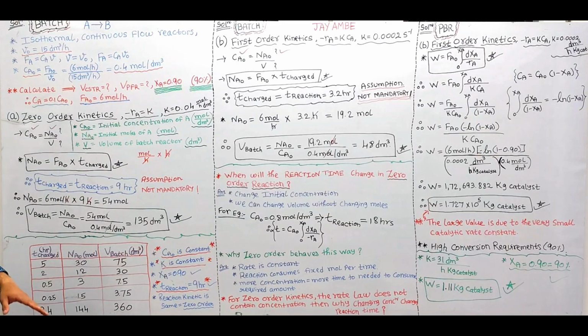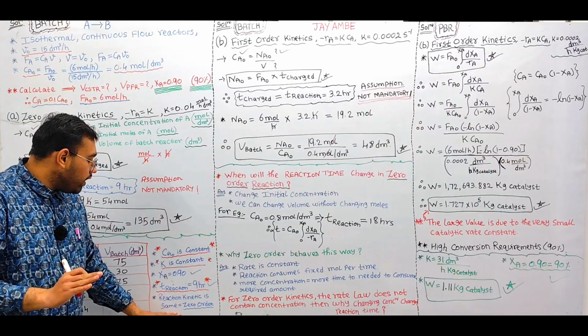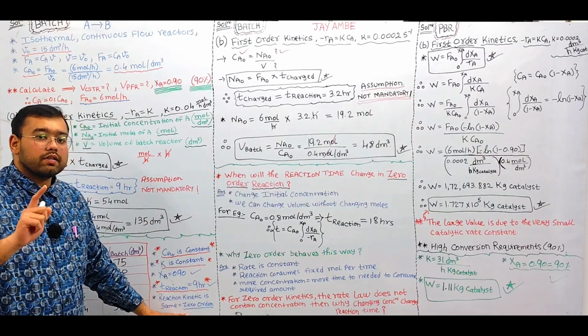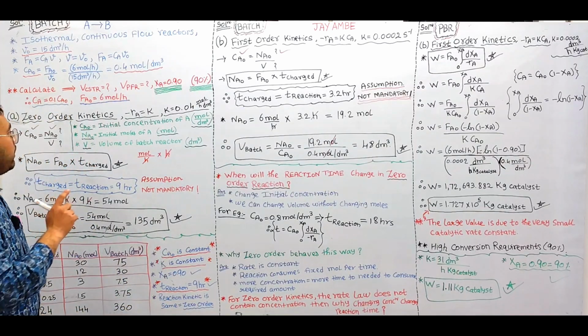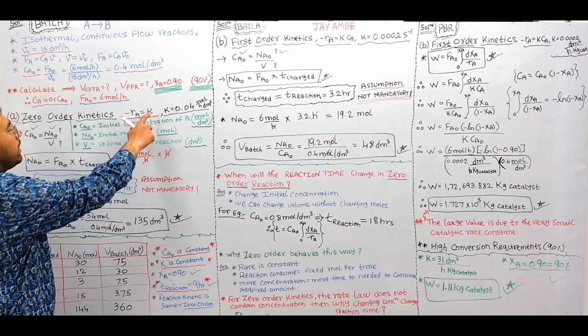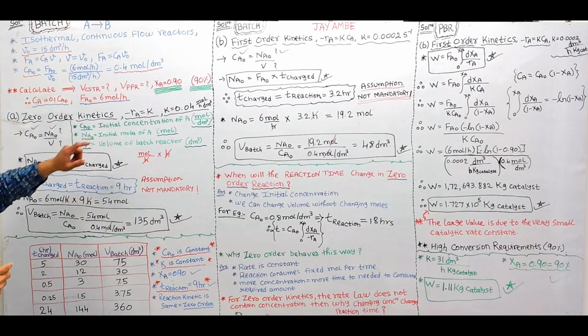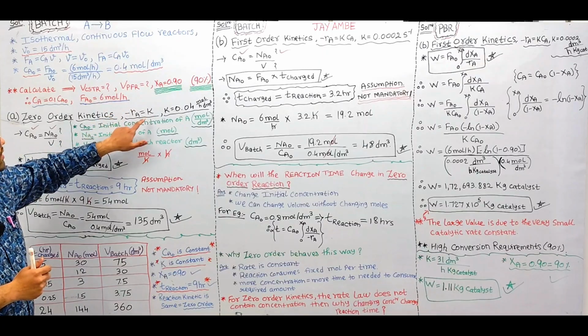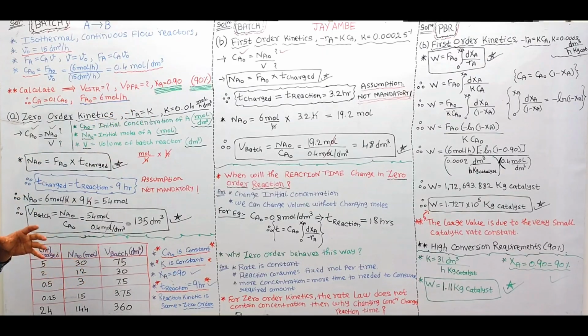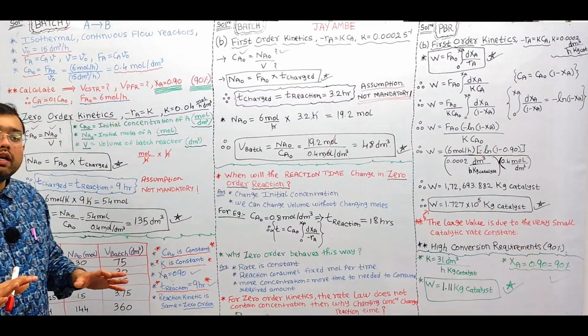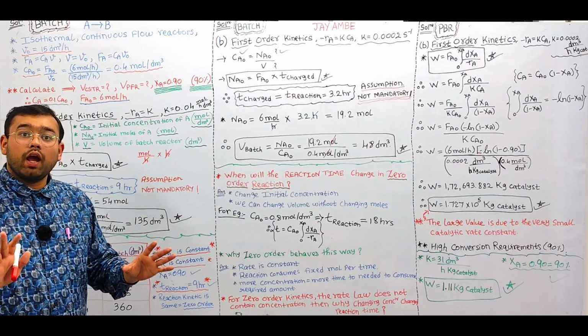So let's say here we are solving for the zeroth order reaction kinetics, right? So we have the given rate law as minus Ra is equal to K, which means the rate of the reaction is constant, due to which for all these different cases we will require the same reaction time of 9 hours.